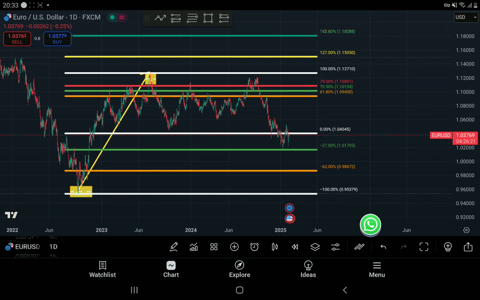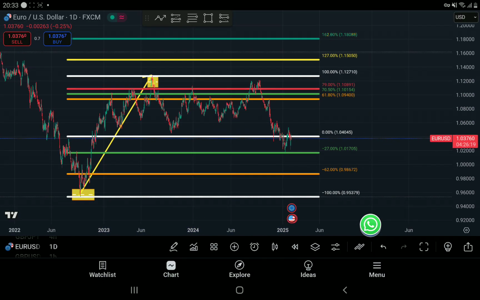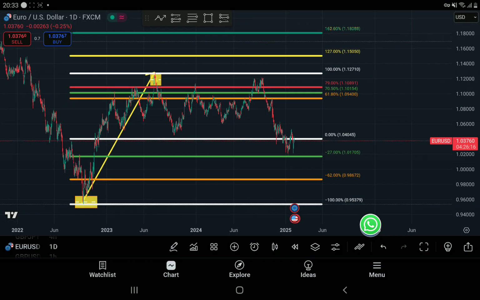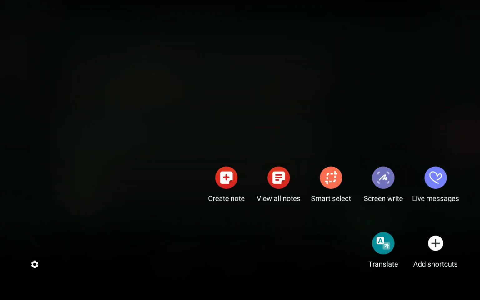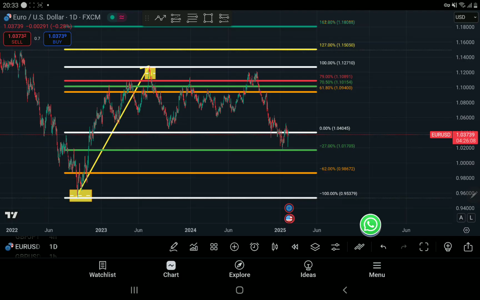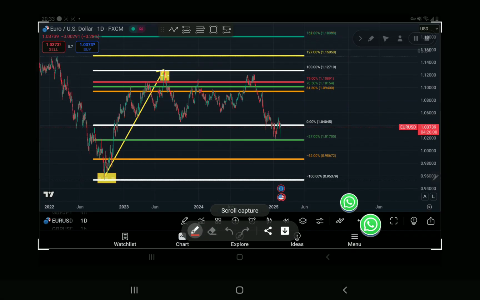Now, how do we define which zone we are in the market? I want you to take note of this, very, very important. This is what you do when you have been able to identify your swing. Take note of the highest peak and the lowest bottom. The 50%, which is this zero, is the midpoint.